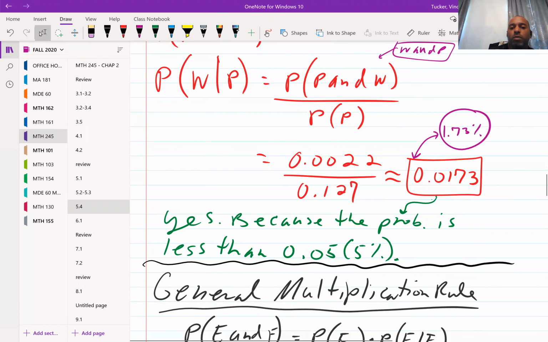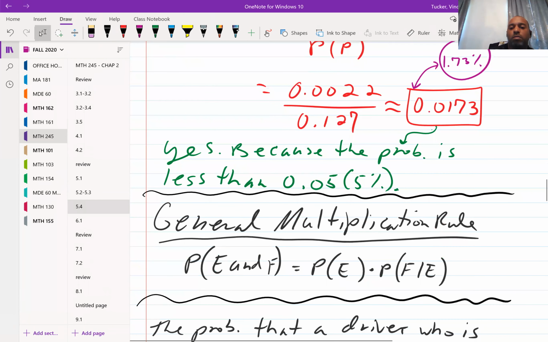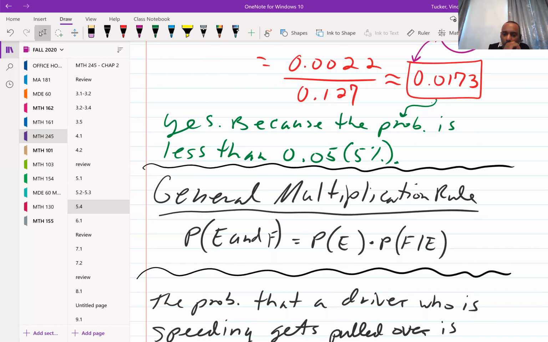All right, can we scroll up? All right, so our general multiplication rule: if you want to know the probability of E and F occurring, find the probability of E, then the probability of F, given that E has already occurred.